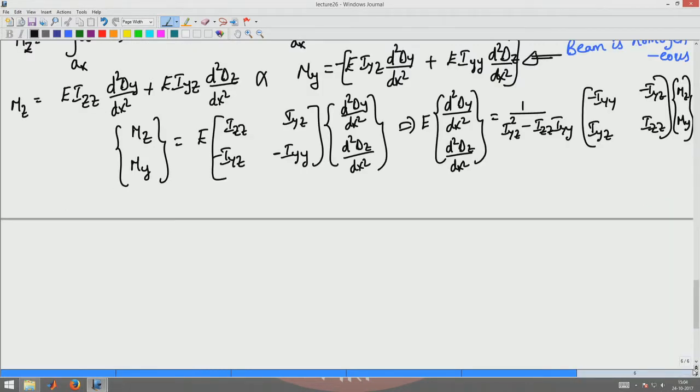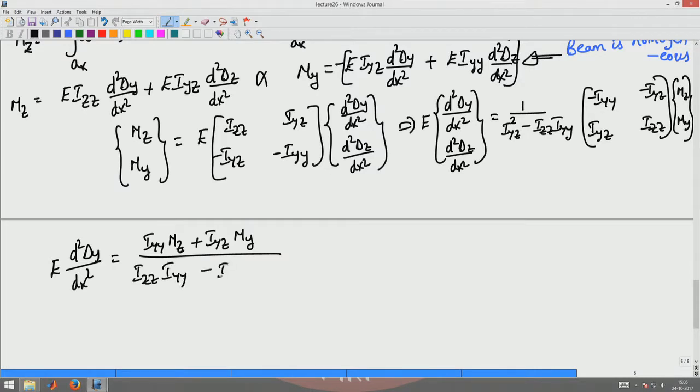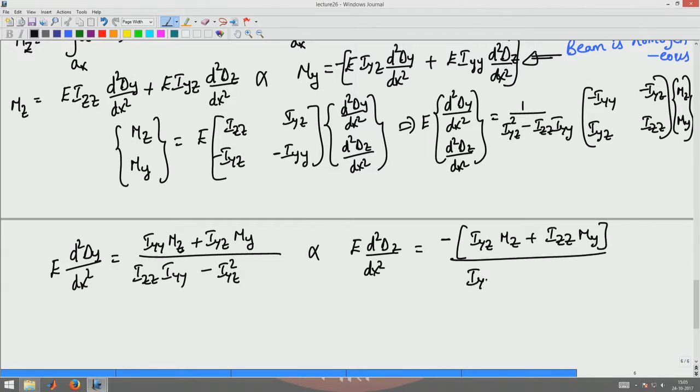Now, from here I get that d square delta y by dx square into E is (I_yy into M_z plus I_yz into M_y) divided by (I_zz into I_yy minus I_yz squared), and E times d square delta z by dx square would be minus (I_yz into M_z plus I_zz into M_y) divided by (I_yy I_zz minus I_yz squared). So, we have found these two.